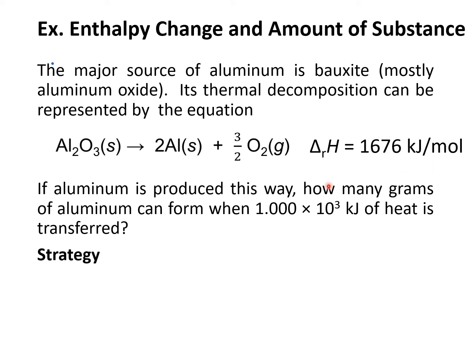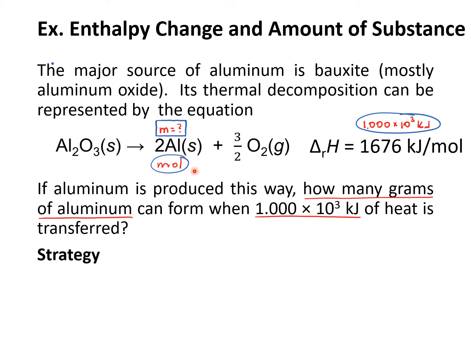In this example, we are asked to calculate the number of grams of aluminum that can be formed when 1.000 times 10 to the 3 kilojoules of heat is transferred. So the strategy for solving this question is to start from the amount of heat transferred and use that to calculate the number of moles of aluminum, which will be calculated from delta HR.